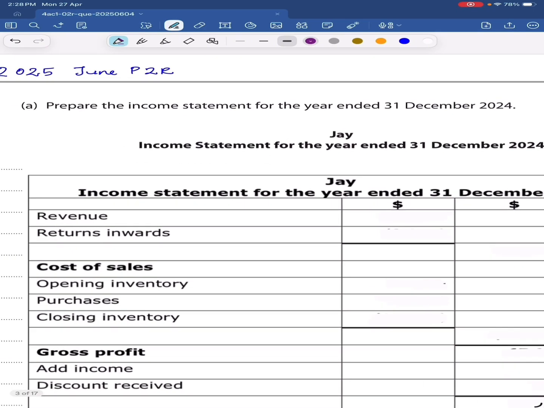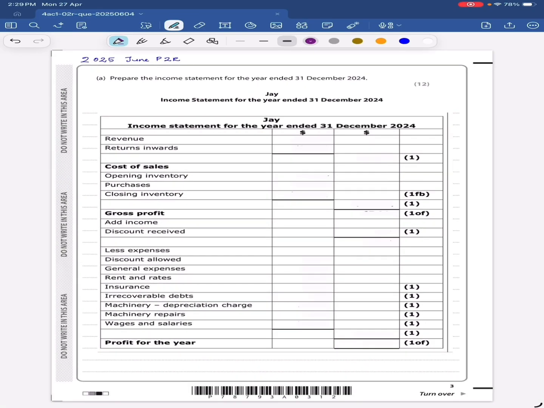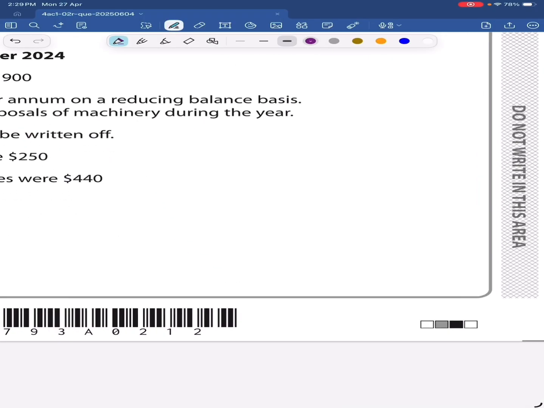You had been expected to prepare an income statement for the year ended 31st December 2024. First, let's understand the components of an income statement.